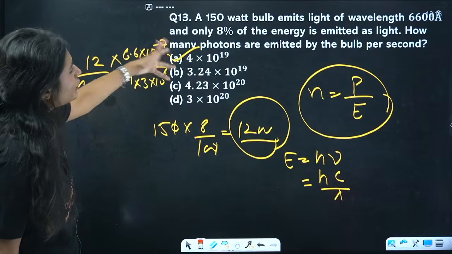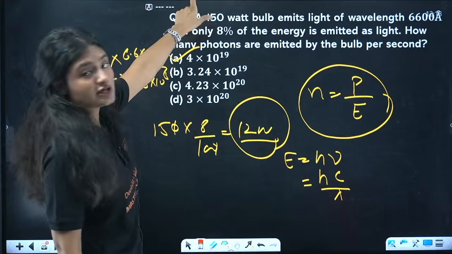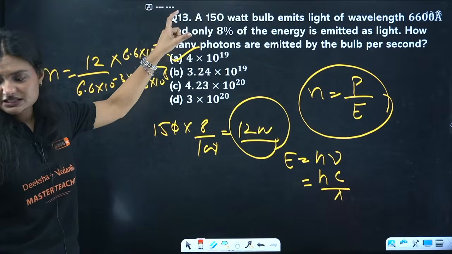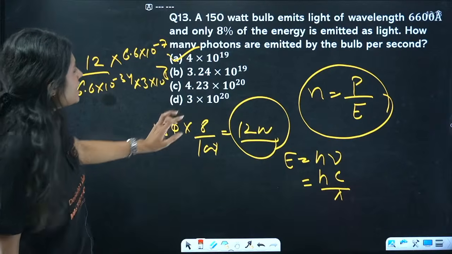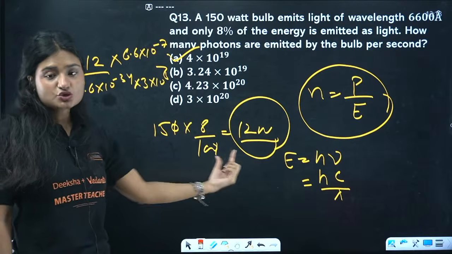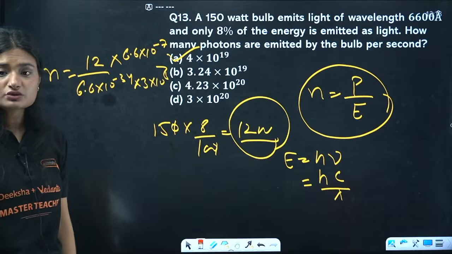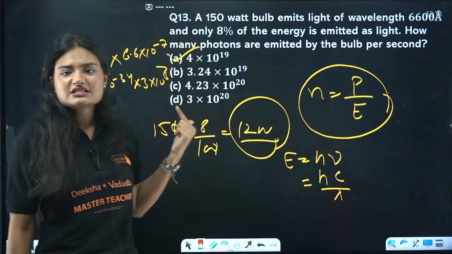A 150 watt bulb emits this much light. In this case, firstly you find the effective power that this bulb is giving. 8% is emitted as light. So 8% of 150 watt is 12 watt, right? And number of photons emitted will be the power by energy. How much is the energy in this case?